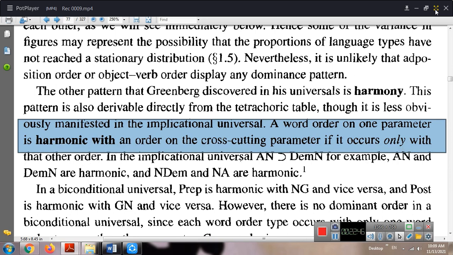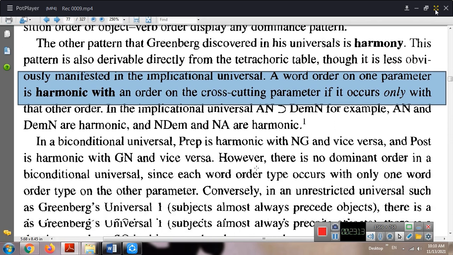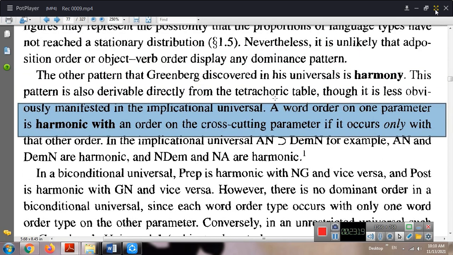In the implicational universal, if adjective-noun, then demonstrative-noun, for example, adjective-noun and demonstrative-noun are harmonic. And noun-demonstrative and noun-adjective are harmonic because they occur with each other. In a biconditional universal, you should know the definition of harmony and harmonic, and you should be able to mention that.